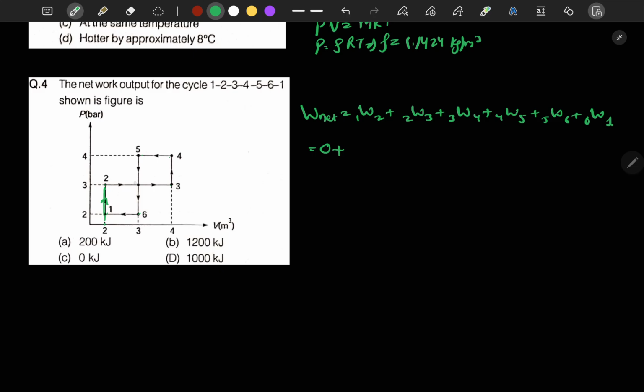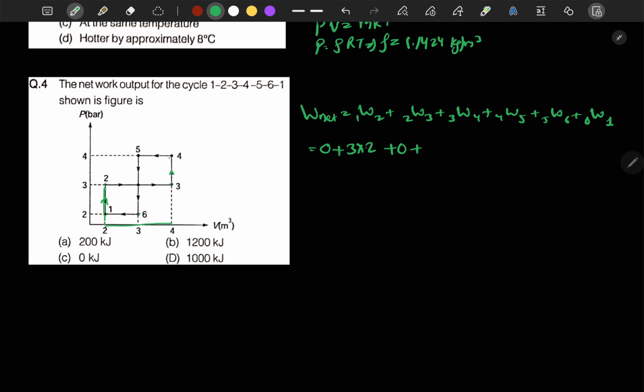Plus 2 to 3. 2 to 3 is an expansion process, a constant pressure expansion, so the work done value will be positive. How much positive? Pressure into delta V. Pressure is 3, delta V is 2, so 3 into 2. Then 3 to 4 is constant volume again, so 0.